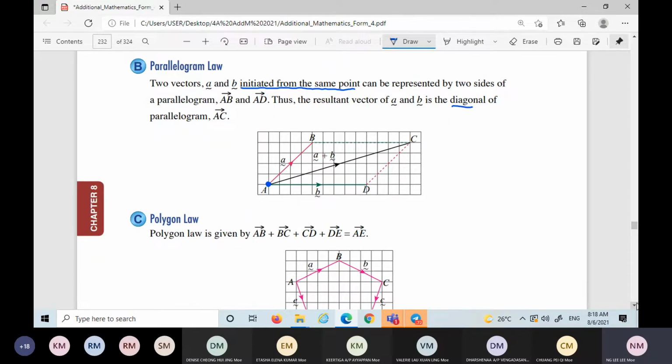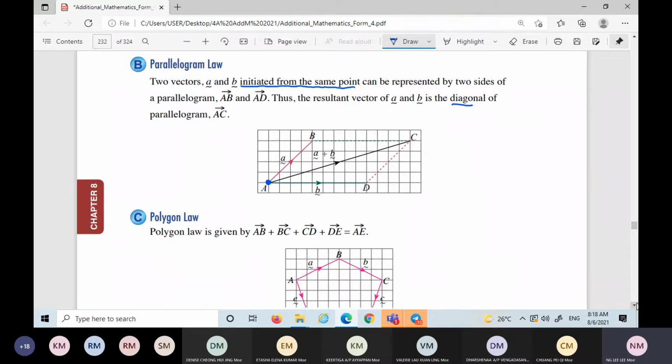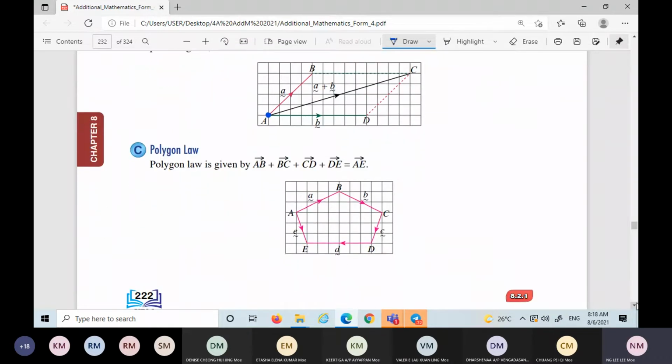Polygon law, as I said just now, comes from the triangle law. Let us see. First of all, look at these two. As I said in the triangle law, remember B and B, these two must be the same. So the end result from here, the first one, you will get AC.